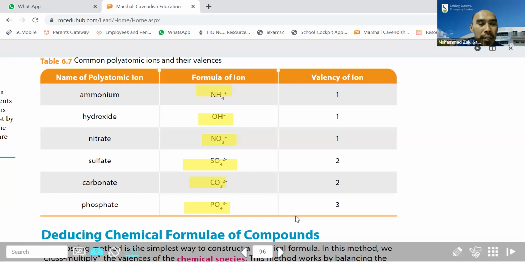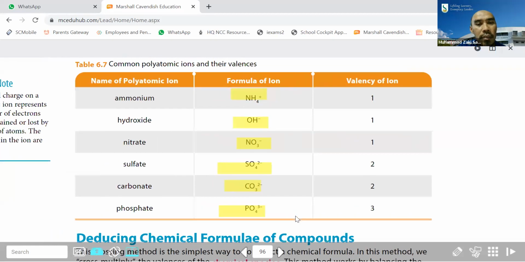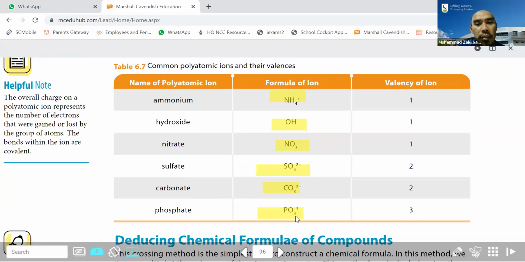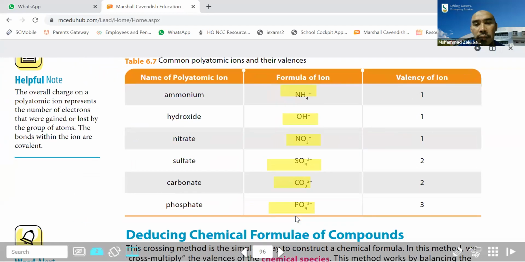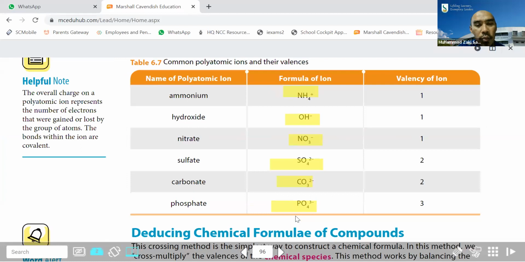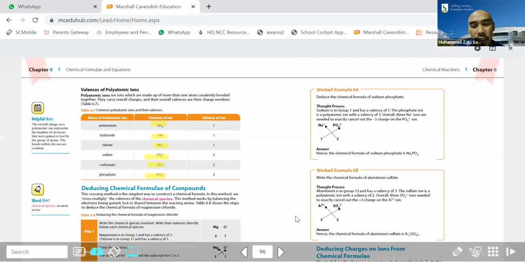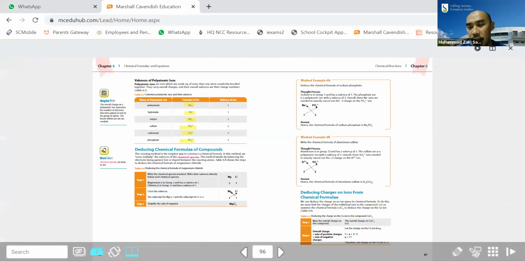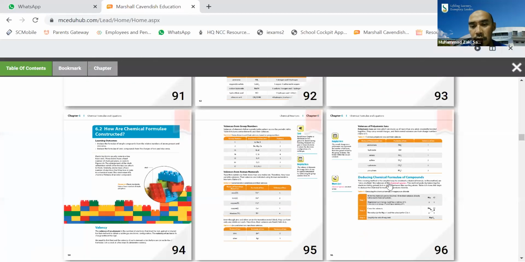The common ones are ammonium, hydroxide, nitrate, sulfate, carbonate. Phosphate rarely comes out, but it can. So this page 96 is how you can do it. That's why your textbook is very important.